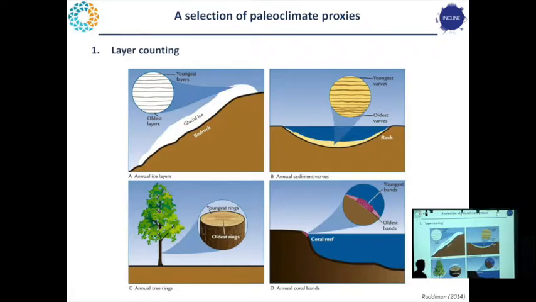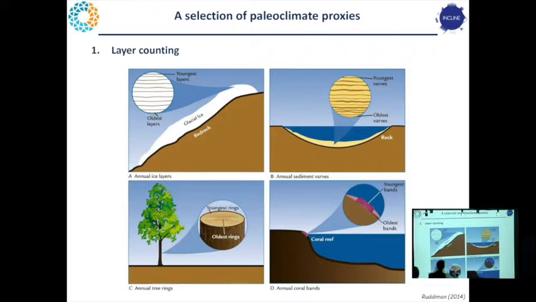We have to know how long it takes for two adjacent layers, for example, to form or to be deposited. If we are confident about the necessary amount of time for two adjacent layers to be deposited, we can then count back the layers in a certain archive.